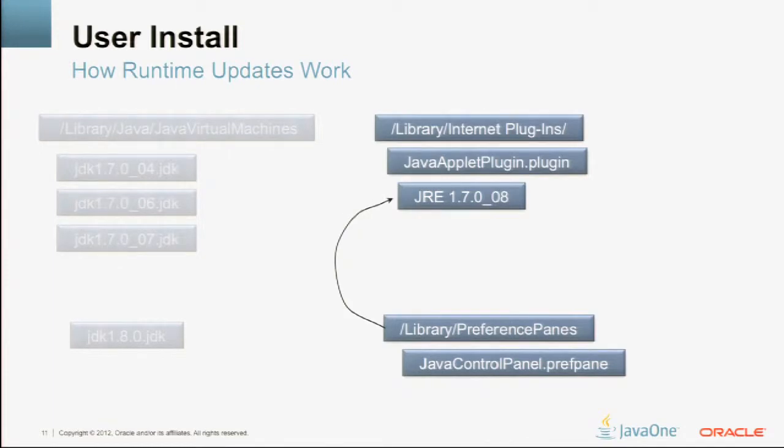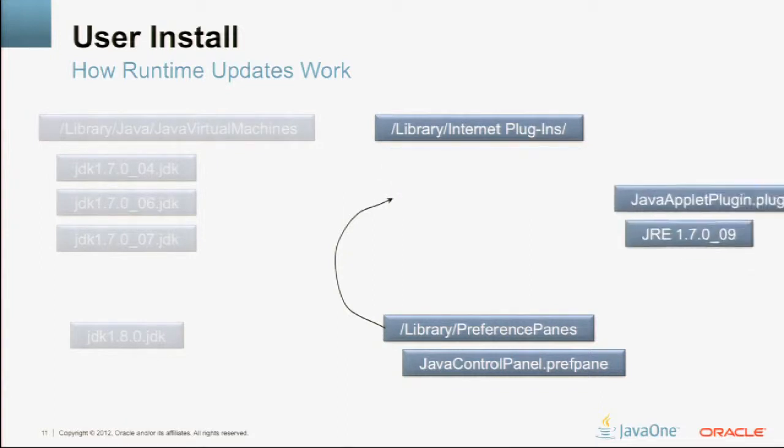For users, things are a little bit different. The first time you install the JRE, everything goes into JavaAppletPlugin.plugin. Inside, it's got a certain version of the JRE. You can figure that out if you want, but generally we don't really advertise it. We also get a symlink in Library/PreferencePanes, and that links to the Java control panel, which is hidden inside the runtime.